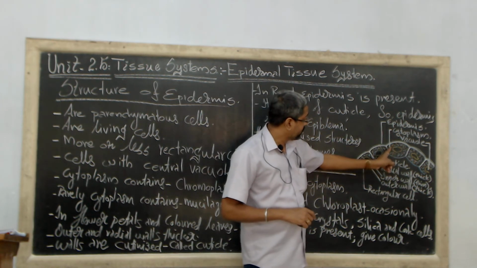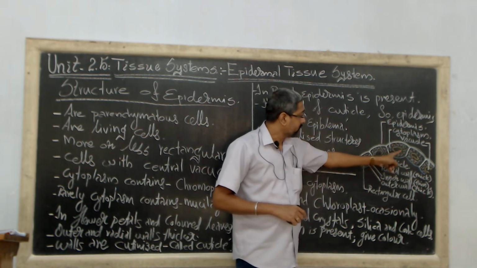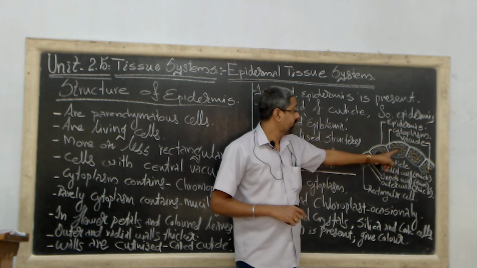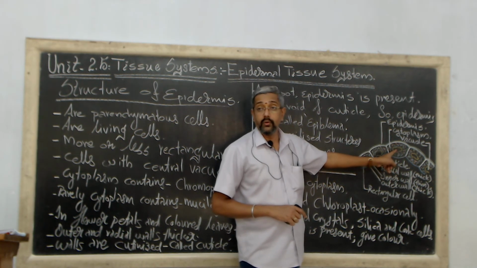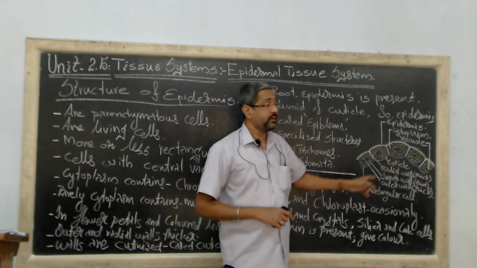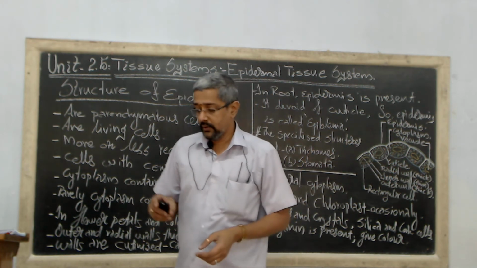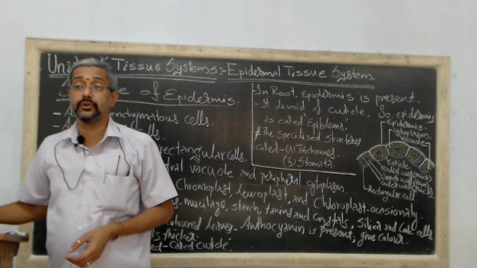And the cytoplasm is peripheral because the center part of the cell consists of a prominent vacuole. So this is the structure and function of the epidermal tissue system.